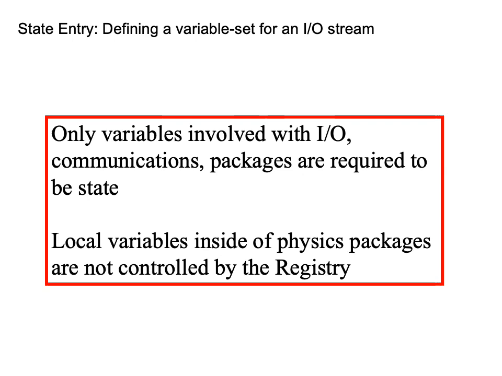So the take-home message here is that if you have a variable, and only if you have a variable that needs to be input into the WRF model or in some way output from the WRF model, then that variable needs to be a state variable. Otherwise, it does not need to be defined inside the registry.